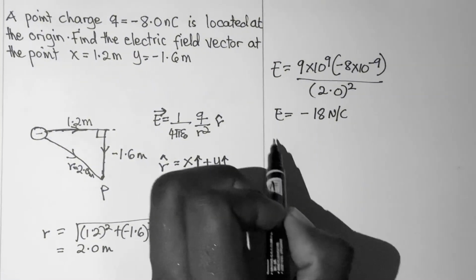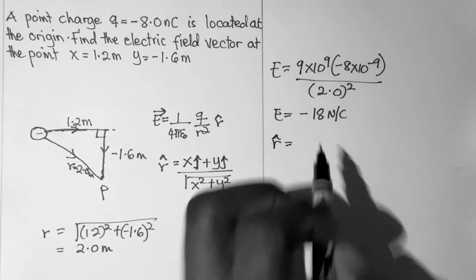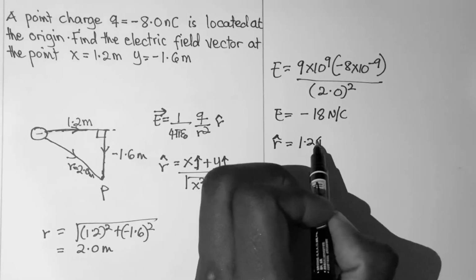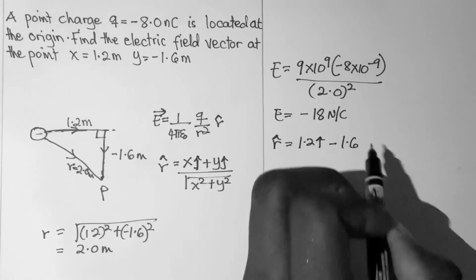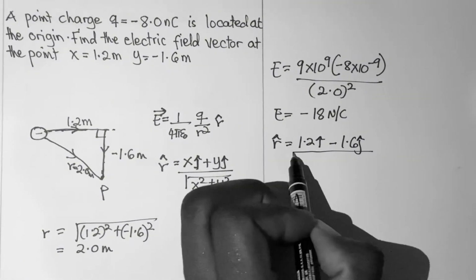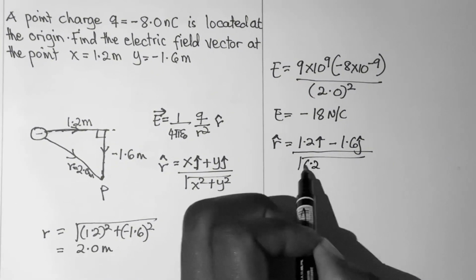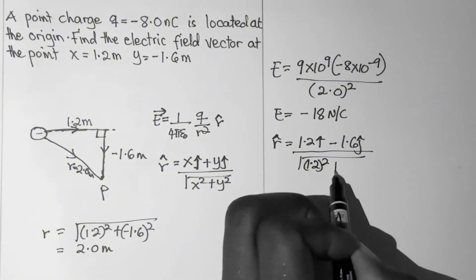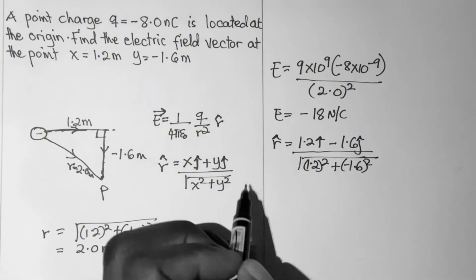So in that sense, the unit vector is equal to, now the x is 1.2, so 1.2 i, then the y is minus 1.6 j divided by the square root of 1.2 squared plus minus 1.6 squared.